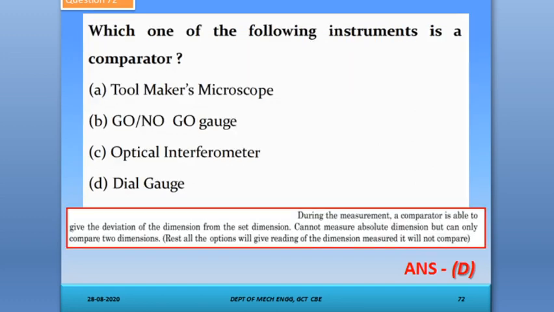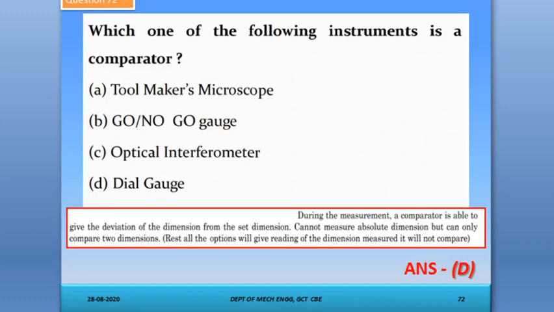Which one of the following instruments is a comparator? Four instruments are given: toolmaker's microscope, go and no go gauge, optical interferometer, dial gauge. During measurement, a comparator gives the deviation of the dimension from the set dimension.